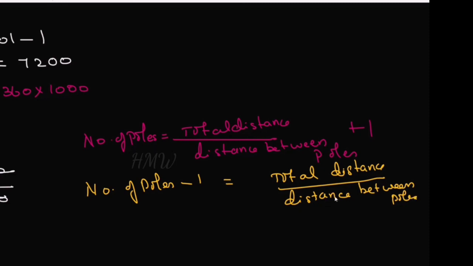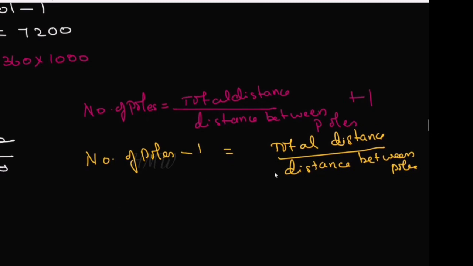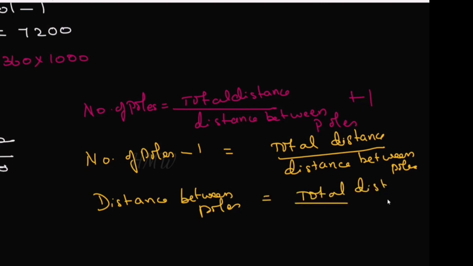So the distance between the poles is the total distance divided by the number of poles minus 1.